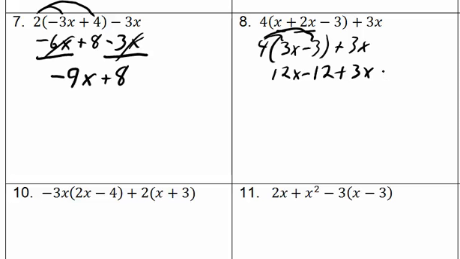No more multiplication or division, so we're going to add and subtract, but that's combining like terms when we have variables. So we have 12x. Is there any other x's? Yes, 3x. So we're going to have 15x. You can cross those out if that helps you. And write everything else down. Can't combine that with that, so we're done with this problem.